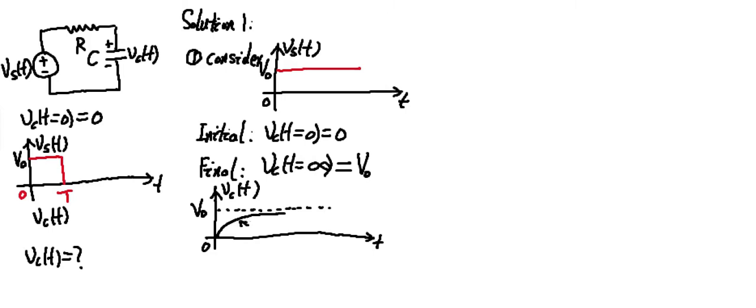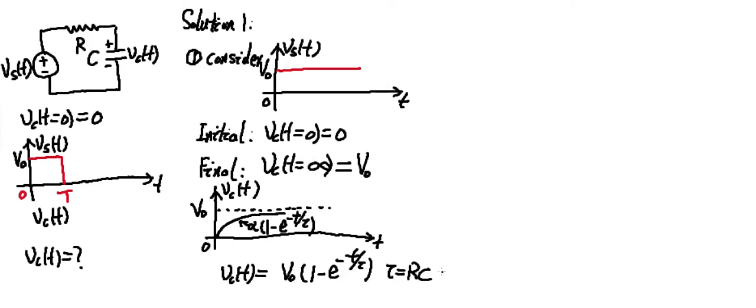And from our previous discussion, we also know that this curve is proportional to 1 minus e to the minus t over tau, and tau is the RC time constant. And we can easily write out the expression of Vc(t) as 0 plus V0 times (1 minus e to the minus t over tau). Here, tau is the RC time constant. Here, we are only considering the output when the input is a step function.